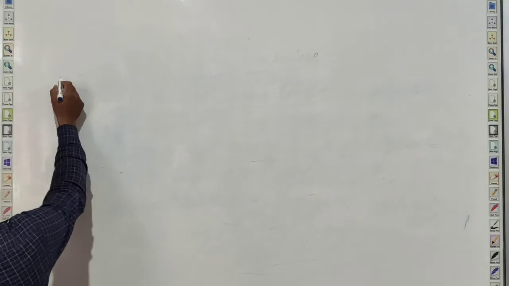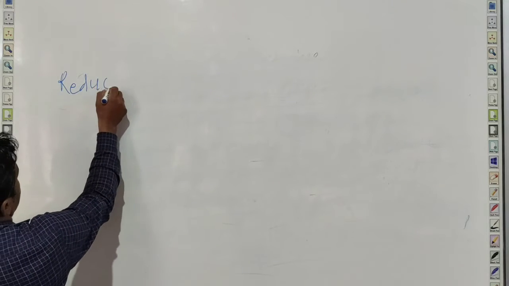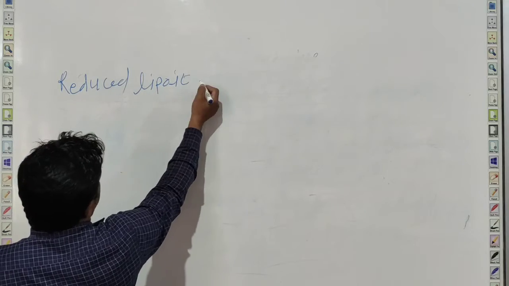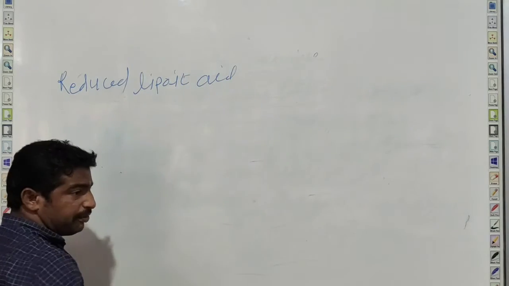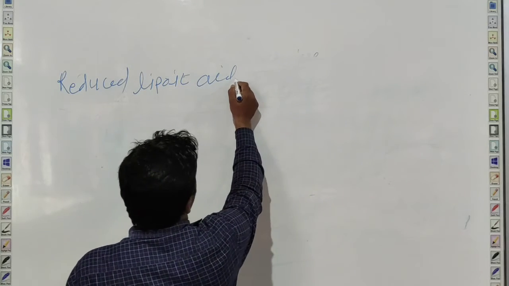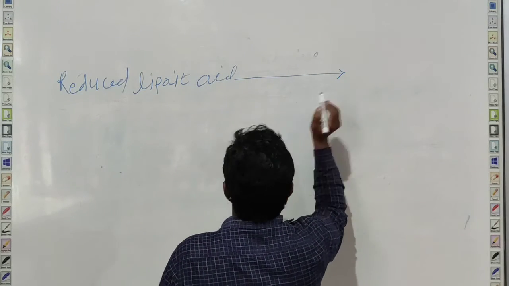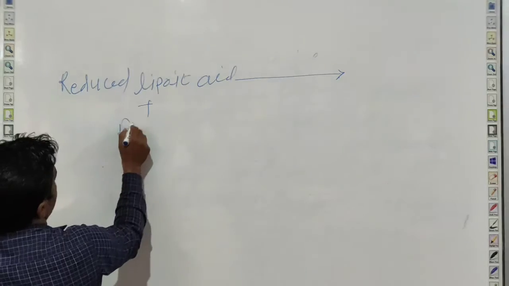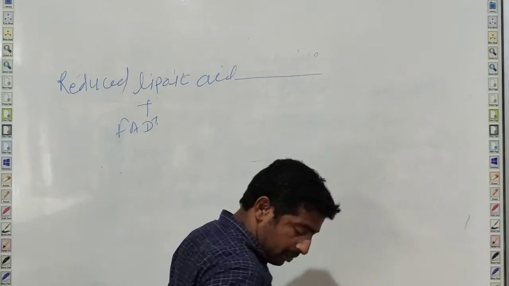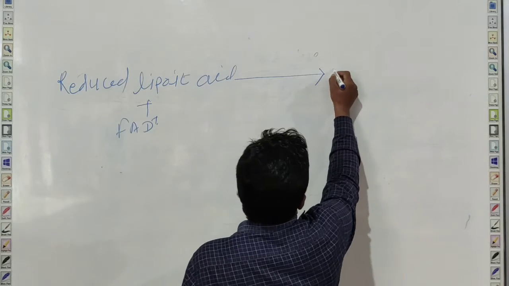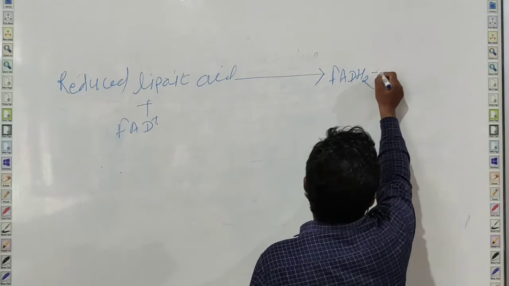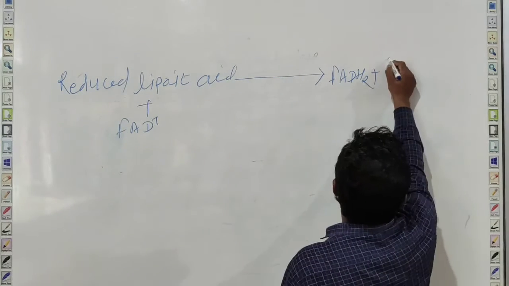So this reduced lipoic acid transfers protons and electrons to FAD. Here FADH2 is formed, it is a reducing power, and lipoic acid is released.